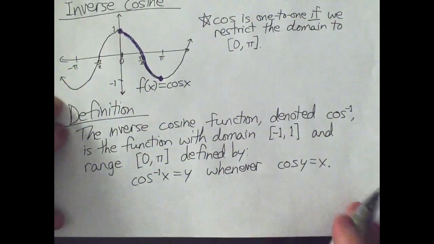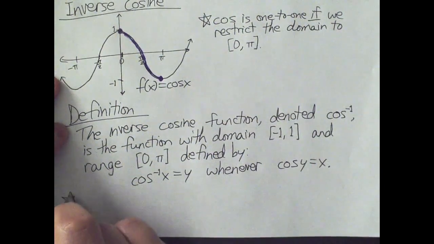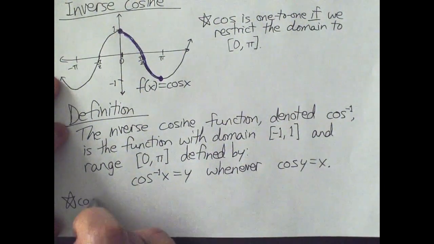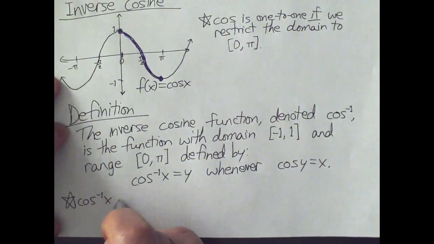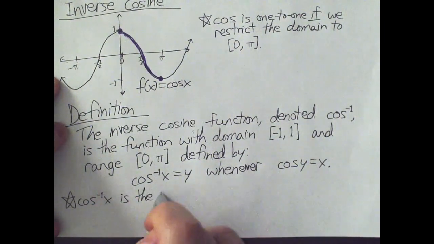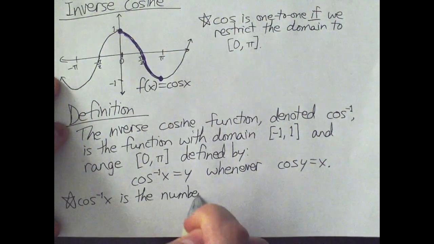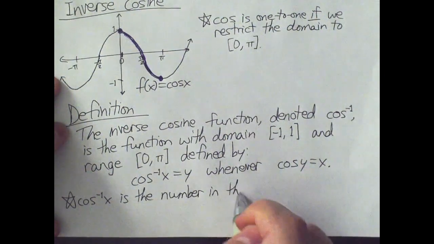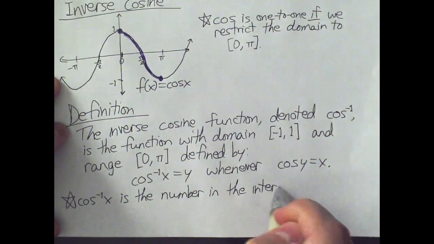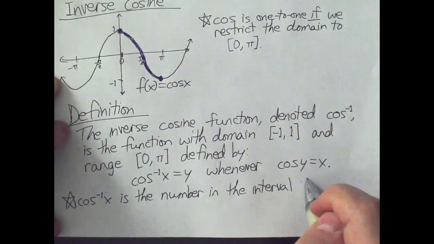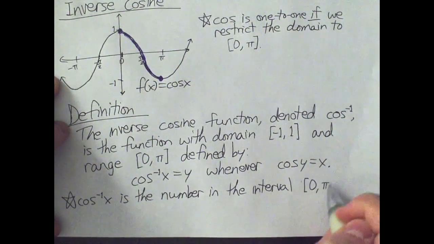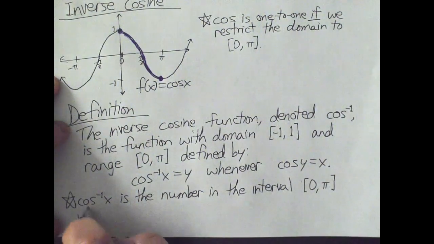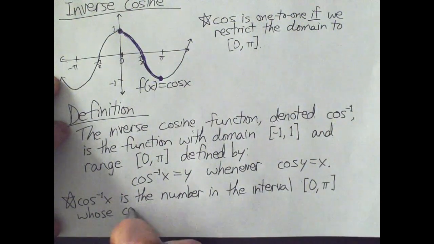Underneath, I'm going to write a sentence. Inverse cosine of x is the number in the interval 0 to pi whose cosine is x.